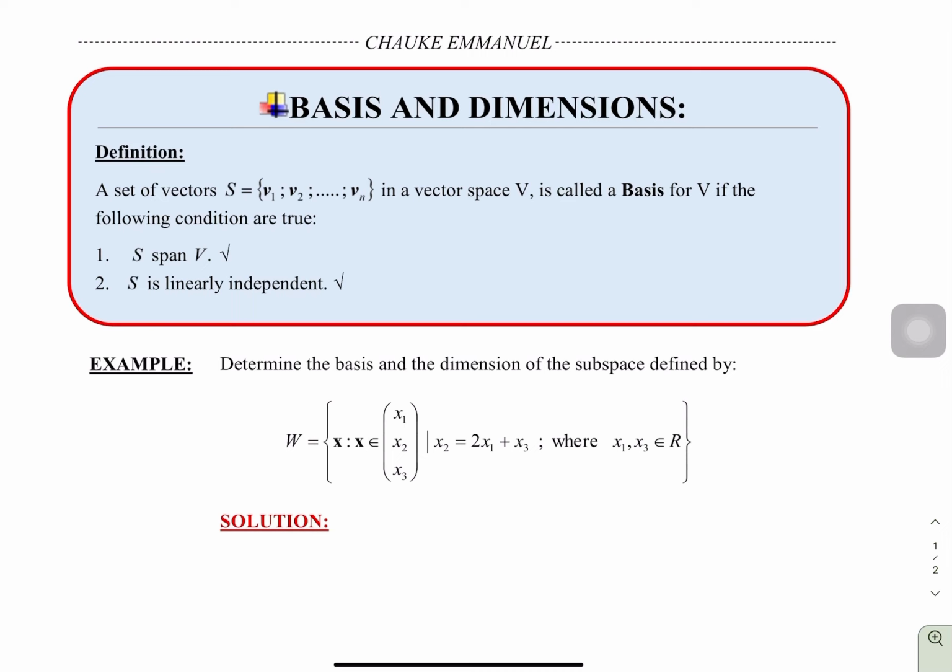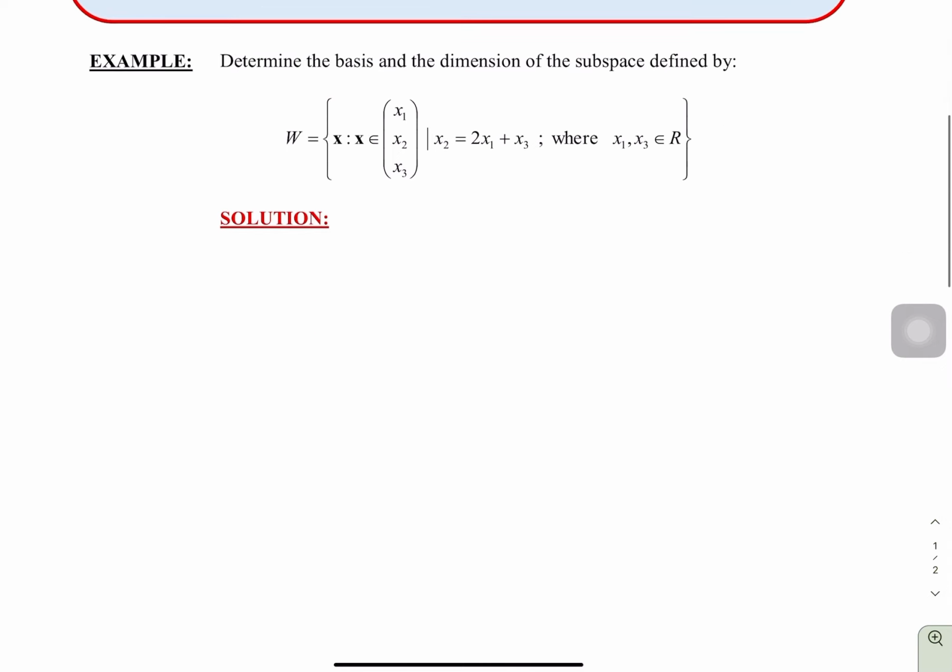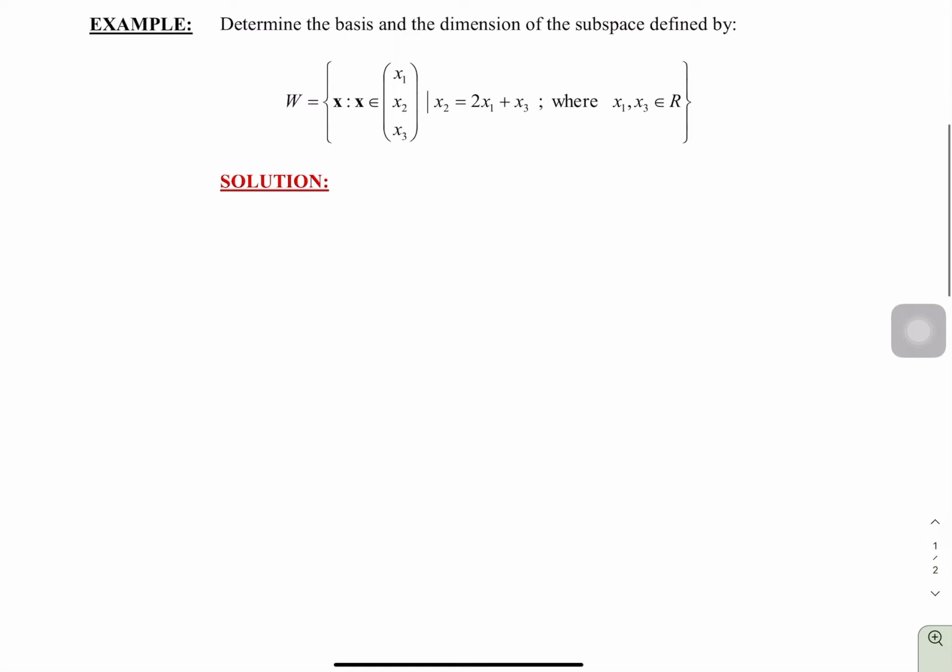So it means you need to get a spanning set, unless you are dealing with the standard subspace, which I presume that you know. By that I mean, let's say you have a vector x in R4. Maybe let's just say in R3 for that matter.